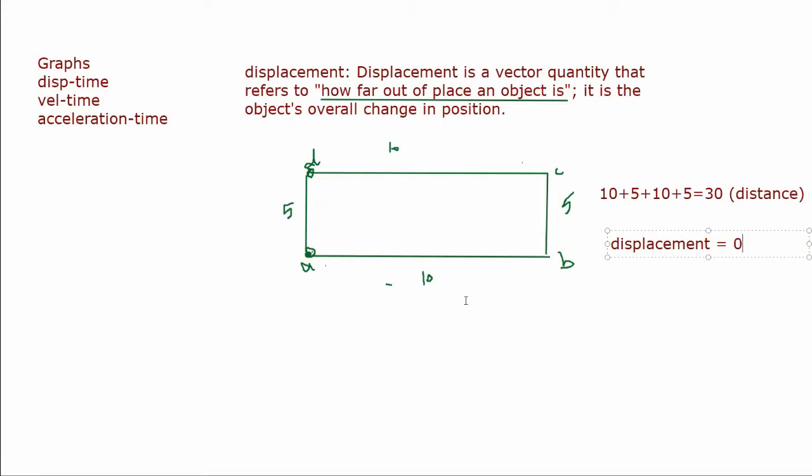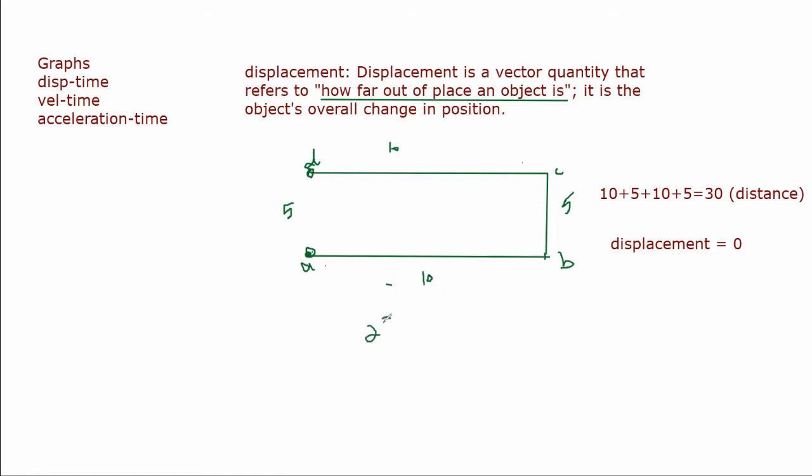Using the same example, just say that he started from A, then reached B, then moved to point C, and then moved to point D in the same orientation. So he covered a distance of 10 plus 5 plus 10, that is equal to 25.